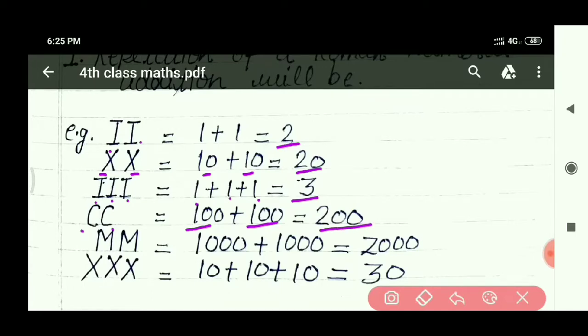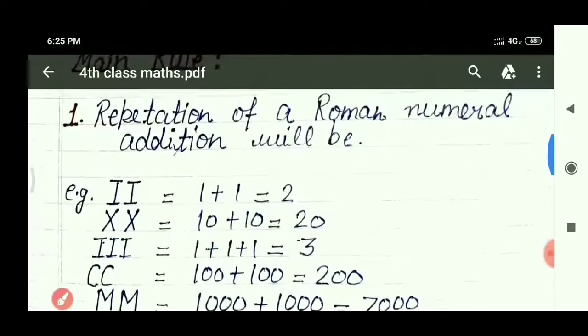Next M M, 2 times, then 1000 plus 1000 is equal to 2000. Next X 3 times, then 10 plus 10 plus 10, here also adding, is 30. Clear? It means when repetition of a Roman numeral is given, then there will be simply addition.